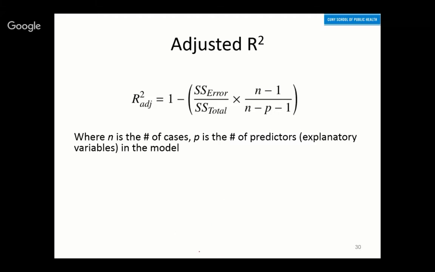So the more predictors that you have in here, the more it penalizes this sum of squares. Whereas without this, your sum of squares of errors will always go down as you add variables, that is offset by this increasing denominator in the adjusted R squared.